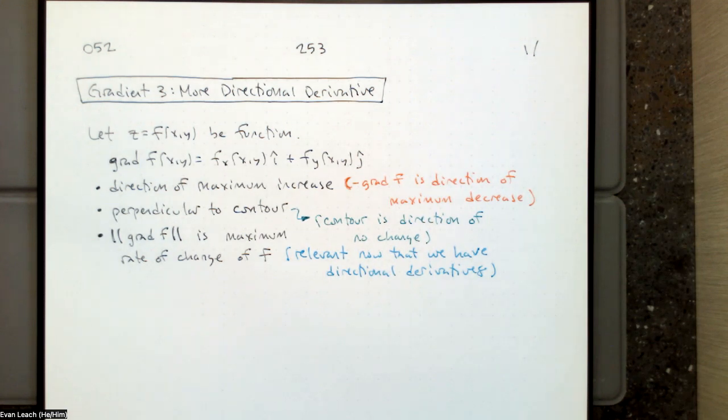It indicates the direction of maximum increase. If we go the opposite direction, that will be the direction of maximum decrease. And this is going to run perpendicular to the contour. This makes sense because the contour is the direction of no change, no increase, no decrease.